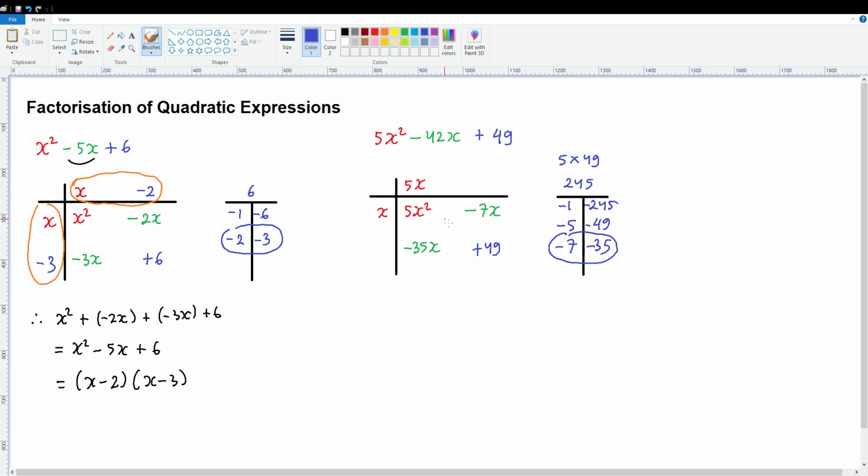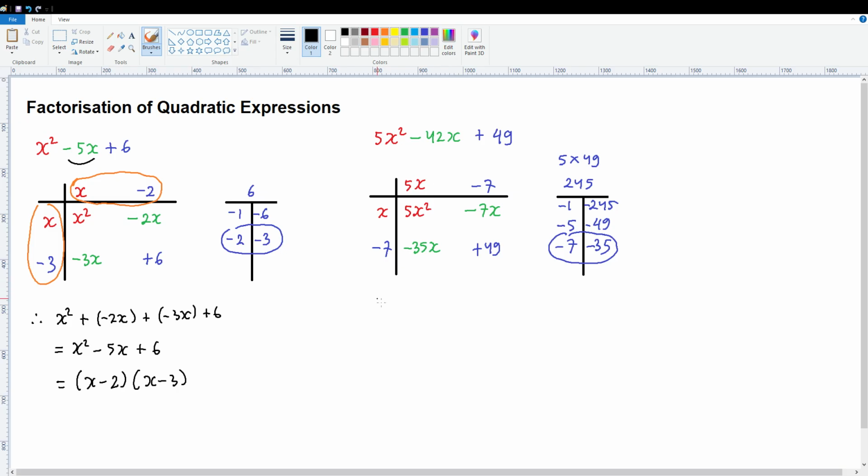We can find minus 7x by multiplying x with minus 7. So you can put minus 7 here, and then to get minus 35x, you need to find the number that multiplied by 5x gives us minus 35x, that is minus 7. So this is the correct one, and then we need to check that all these expressions are correct by adding them all.